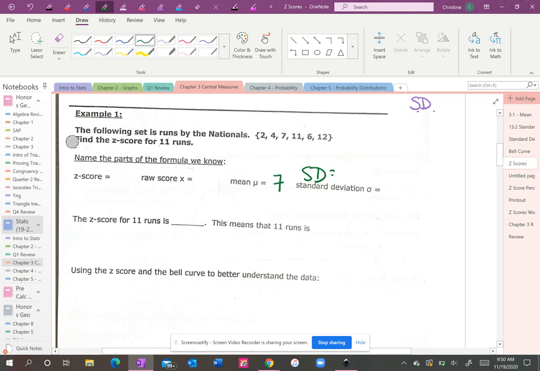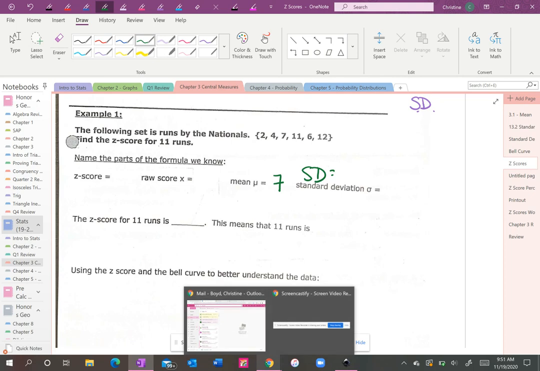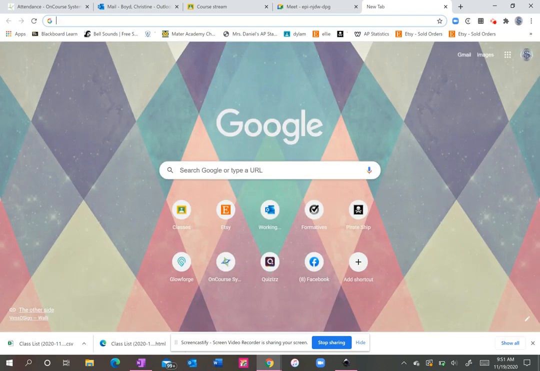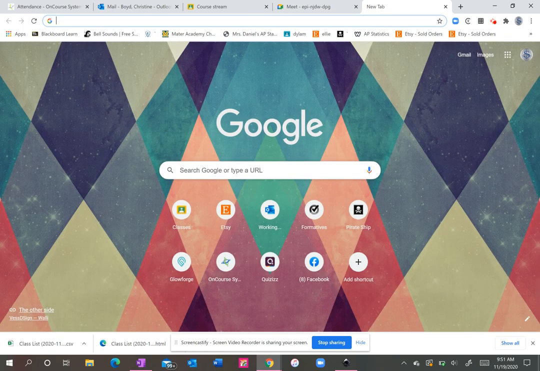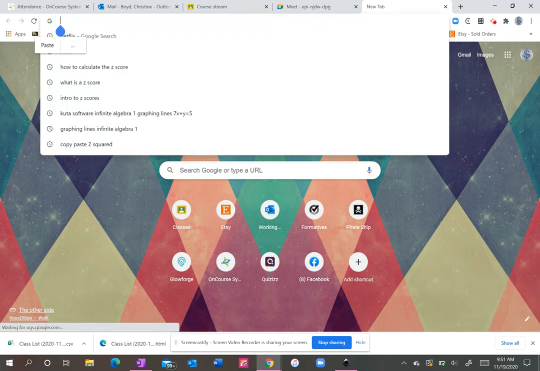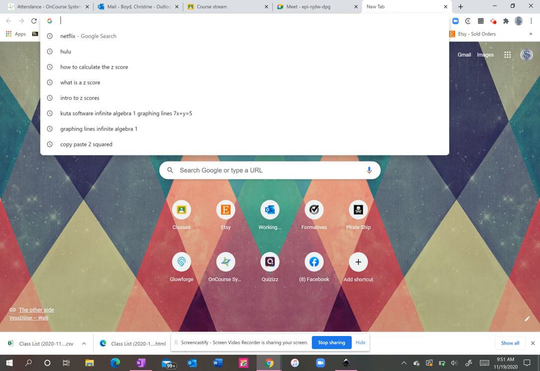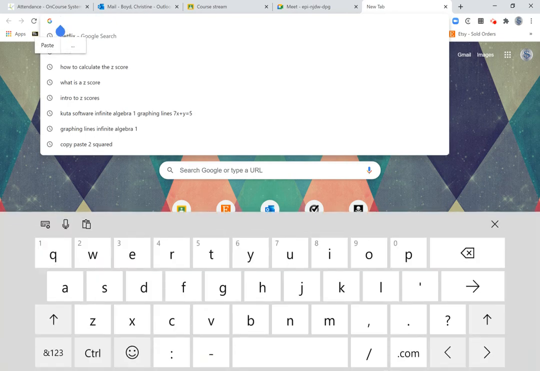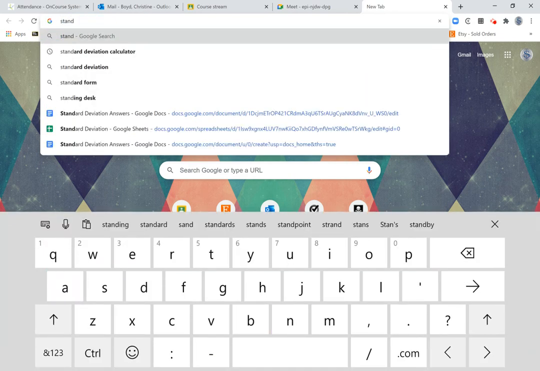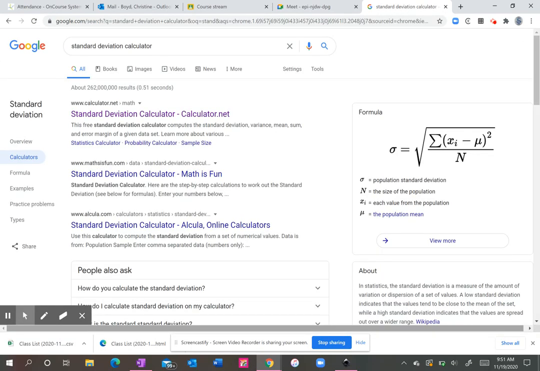The standard deviation, I'm not going to do the formula for. If you have a graphing calculator, you can do it on the graphing calculator, but I'm going to show you how on this one.